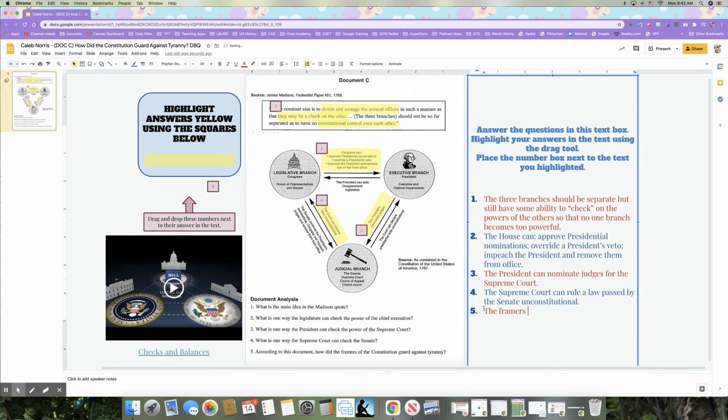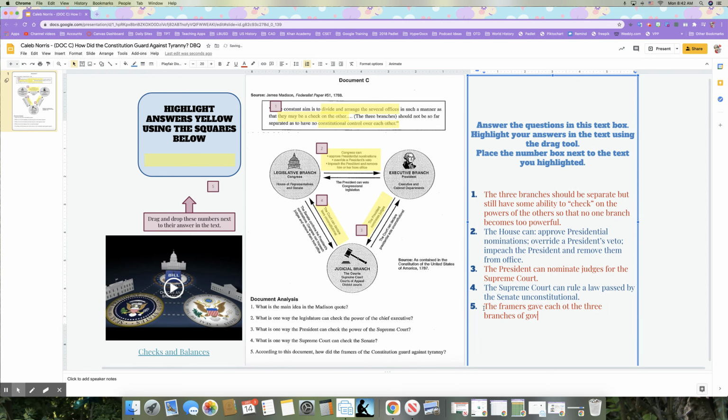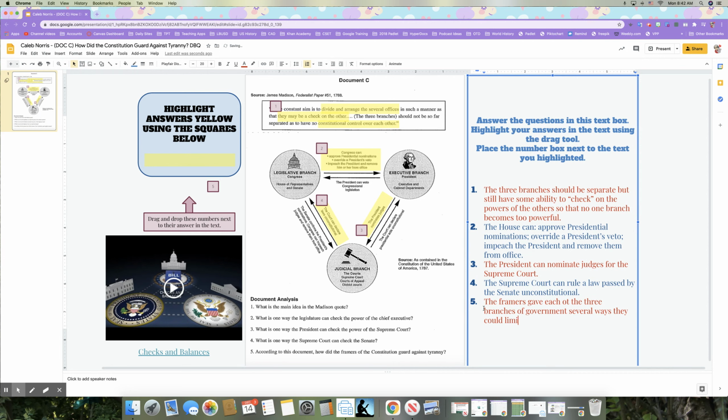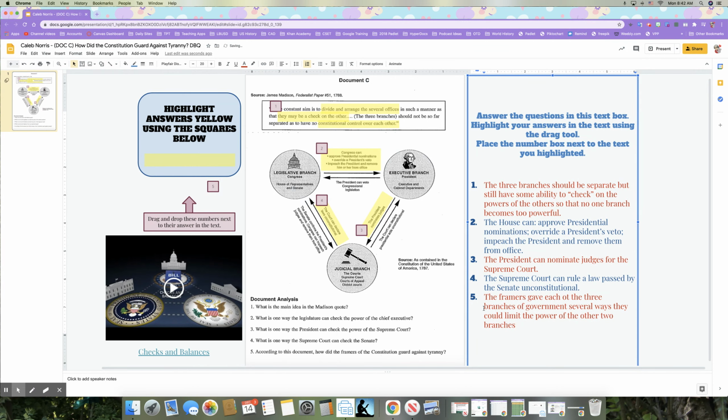The framers, and some of you wrote farmers, it's the framers, gave each of the 3 branches of government several ways they could limit the power of the other 2 branches. So they're separate, but still checking each other, right?